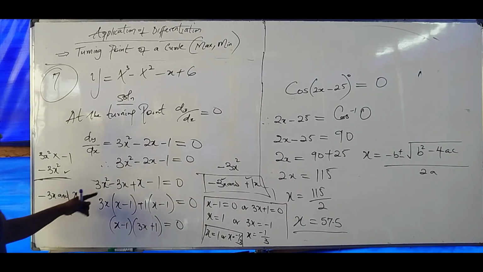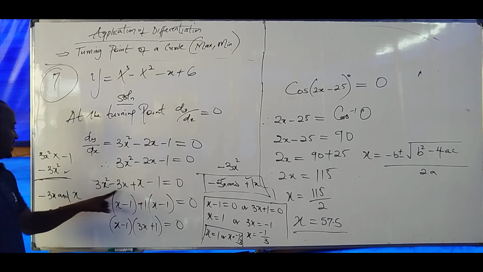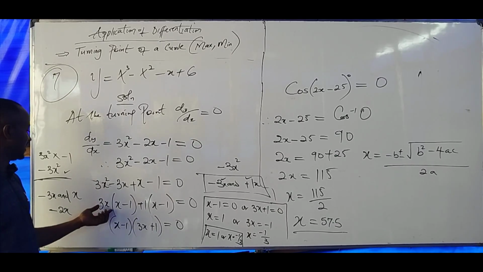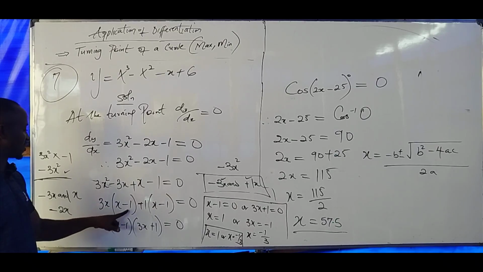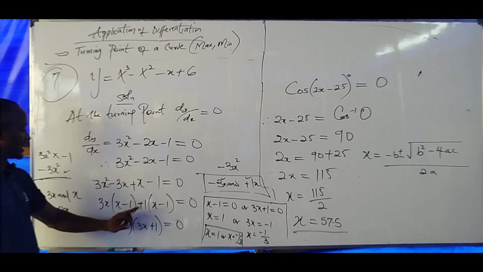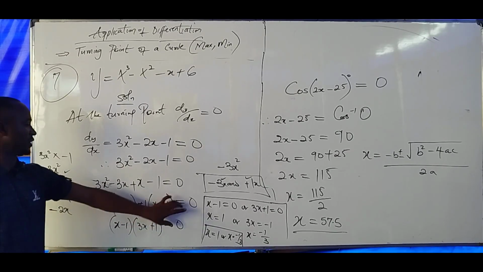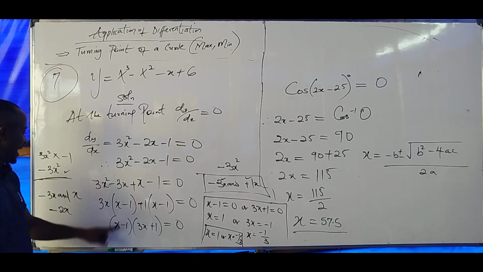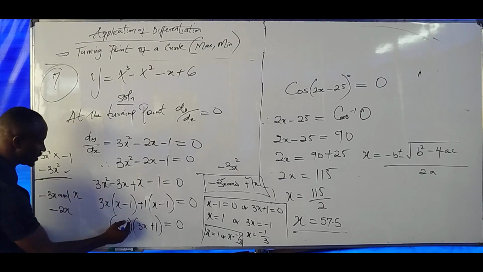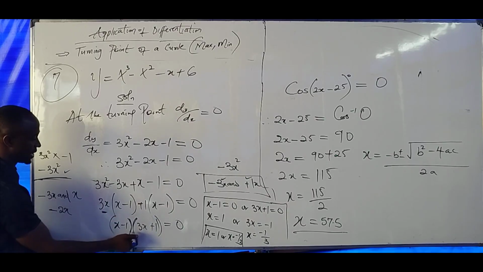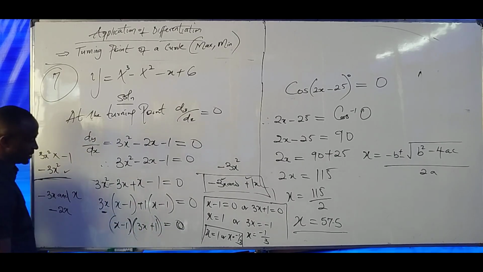Then we have to factorize. Between the first and second term, 3x is common, so we have 3x times x minus 1, plus on the other side, 1 is common, and that gives us x minus 1 equals 0. Then between these terms, x minus 1 is common, multiplied with 3x plus 1, all equals 0.